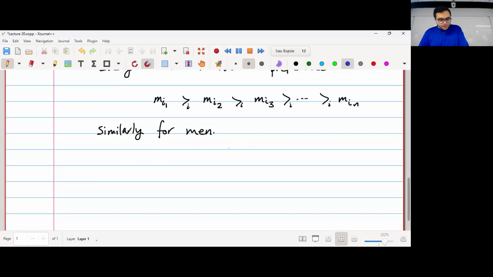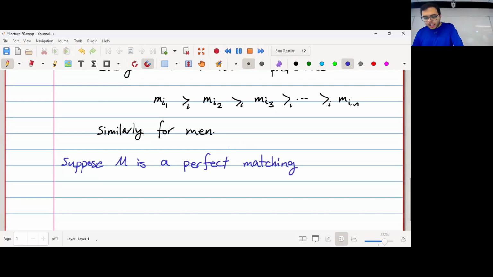Here's what we say. Suppose M is a matching, and let's say it's a perfect matching. By perfect, I mean that every man is matched and every woman is also matched. Suppose that I have a man Mi and a woman Wj that are not matched to each other.